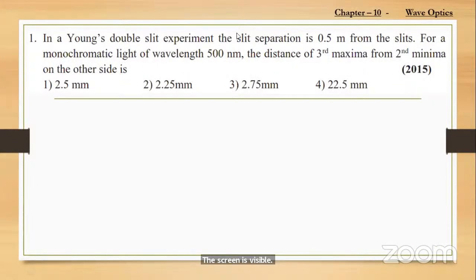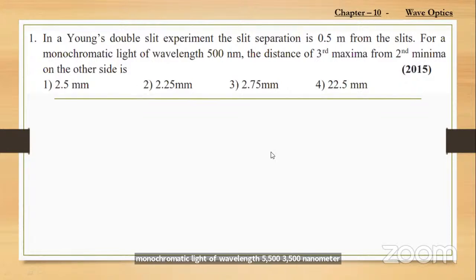Another question is based on Young's double slit experiment. The slit separation is 0.5 meter. For a monochromatic light of wavelength 500 nanometer, find the distance between the third maximum and second minimum.